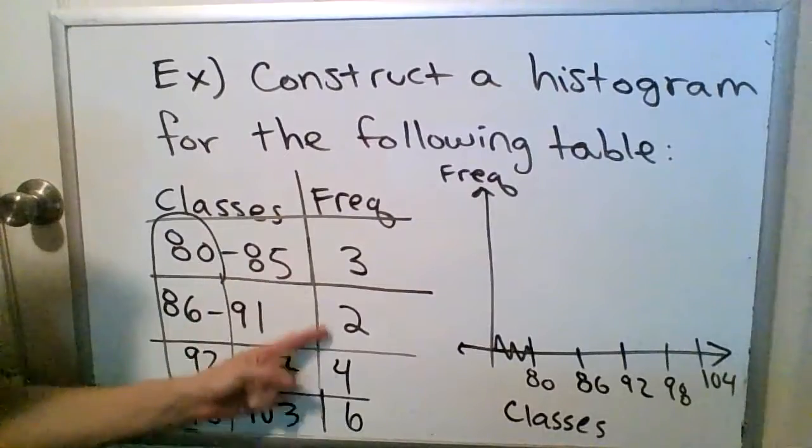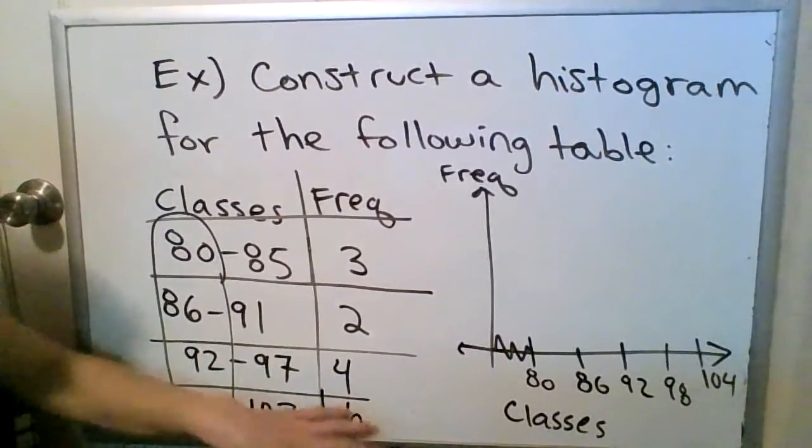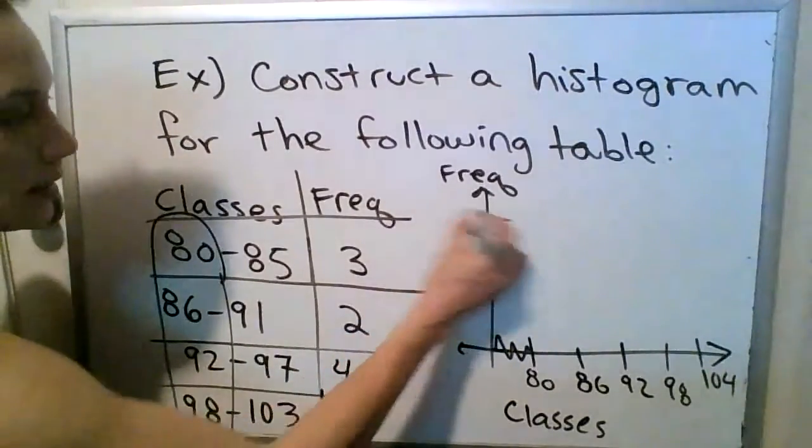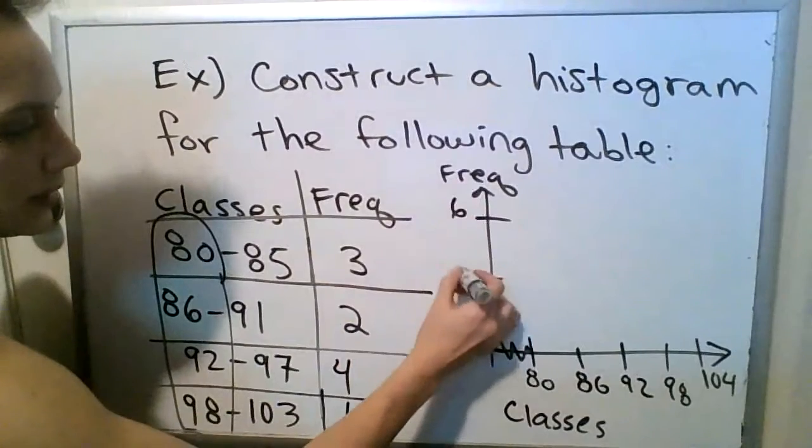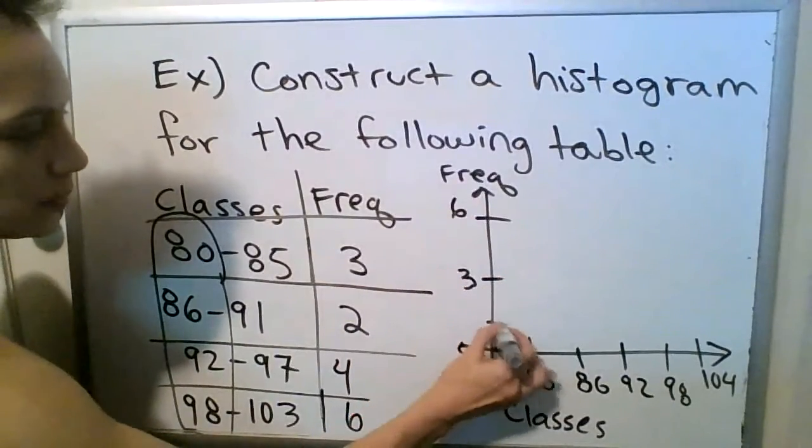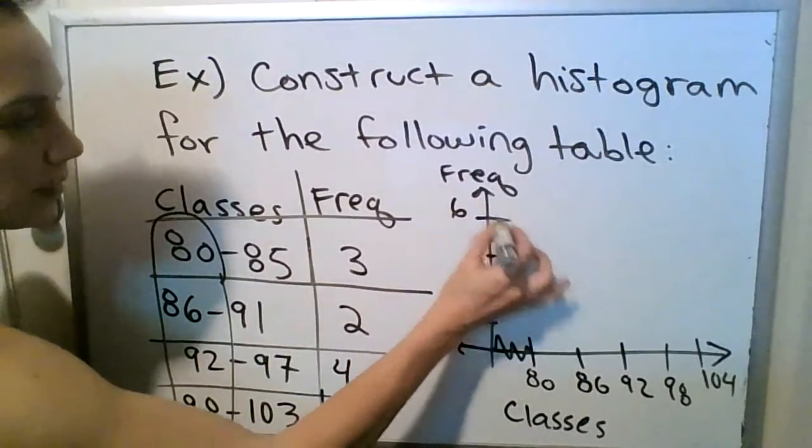And then looking at frequencies, the highest value is 6. Halfway and call it 3. 1, 2, 3, 4, 5, 6.